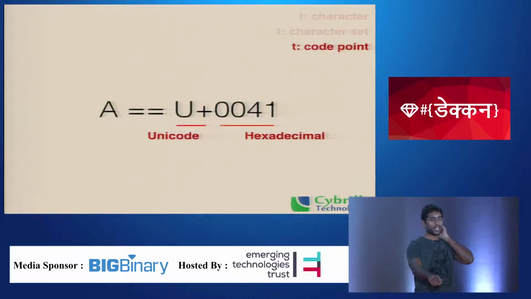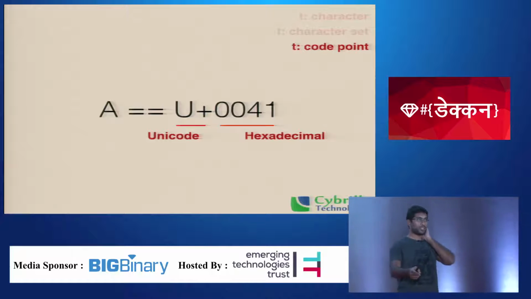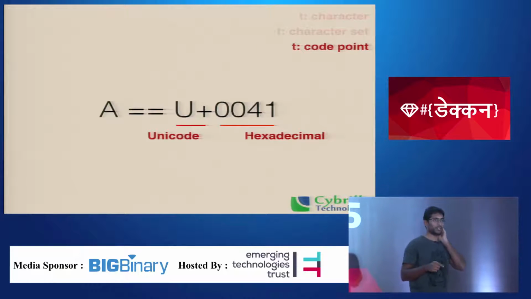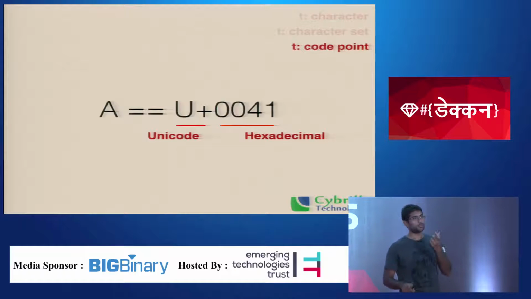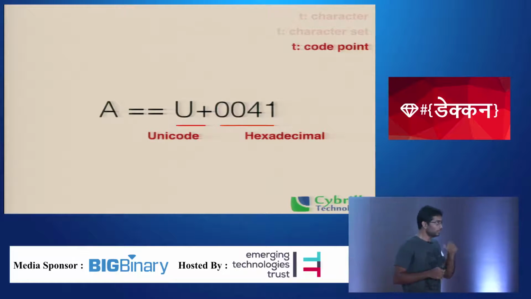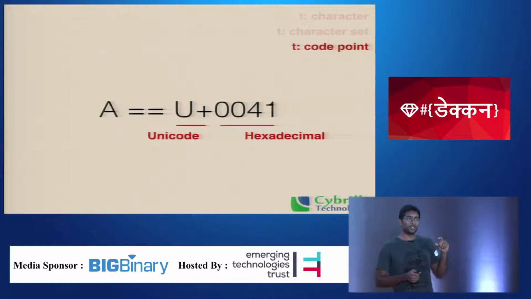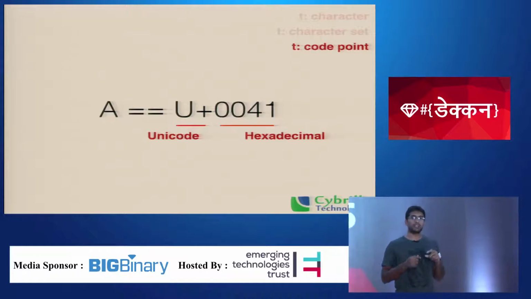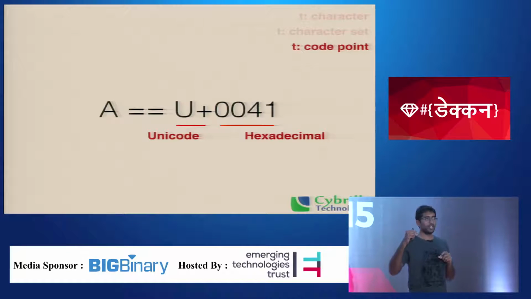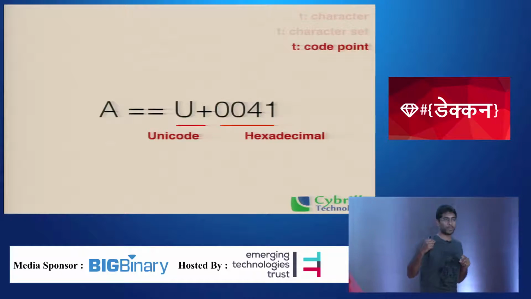When character A is represented as U+0041, the U+ indicates it's a Unicode character, and 0041 is the hexadecimal value of that character. Every character in the Unicode character set is given a unique integer value and a unique name to identify it.